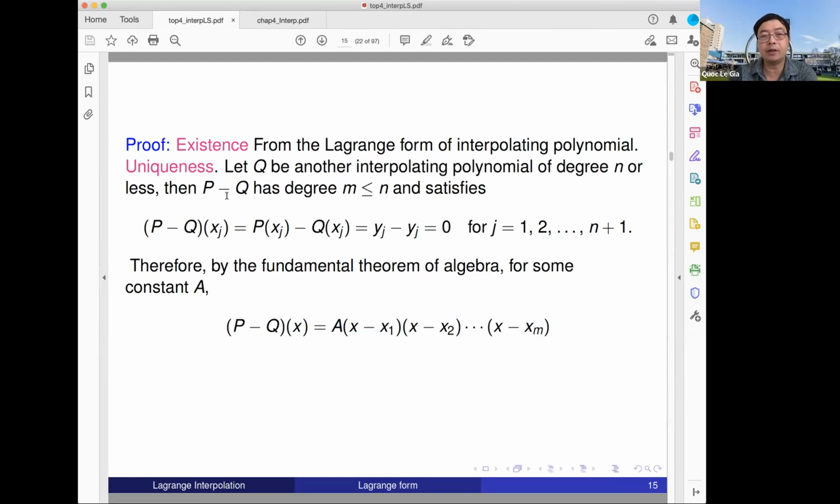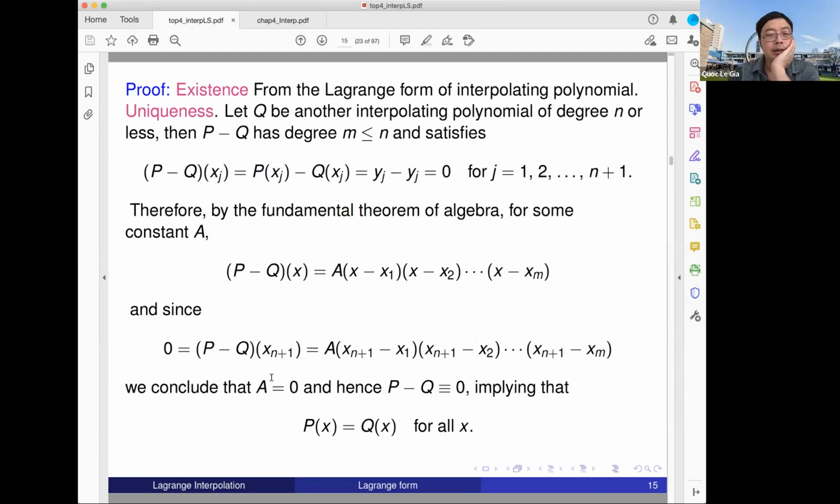When you take the difference of two degree n polynomials, some terms might get cancelled, like x squared plus 1 minus x squared, then x squared got cancelled. So it's a product of m terms, x minus x1, x minus x2, to x minus xm, by the fundamental theorem of algebra.